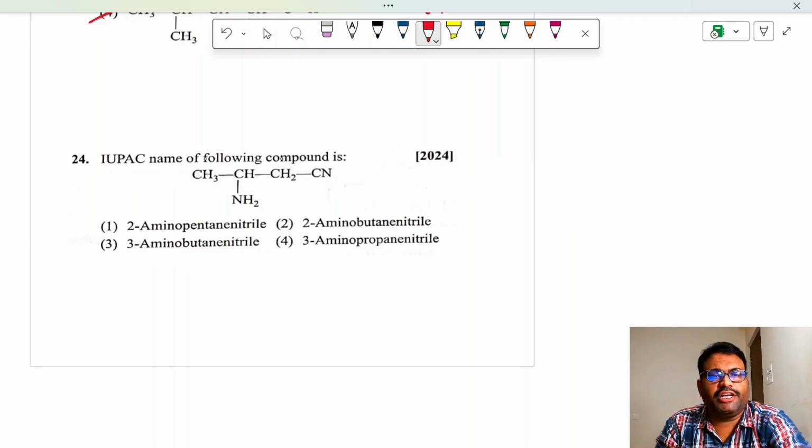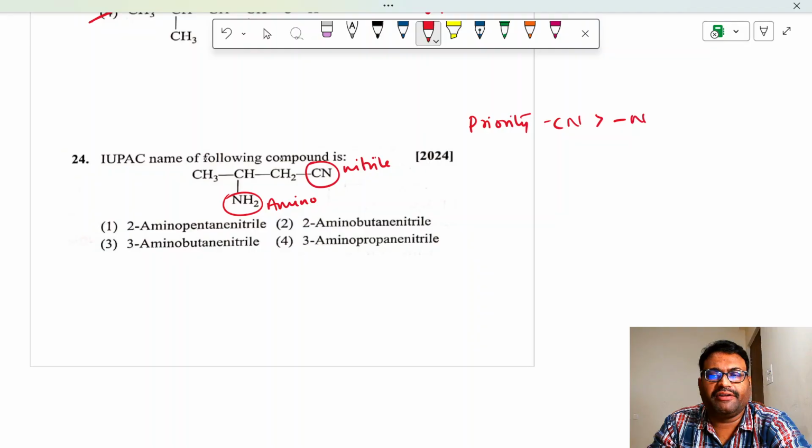The IUPAC name of the following compound is... Here you are finding two functional groups. One is nitrile or cyanide, another is amino. If you go with the priority of these two functional groups, cyanide has more priority than amine.